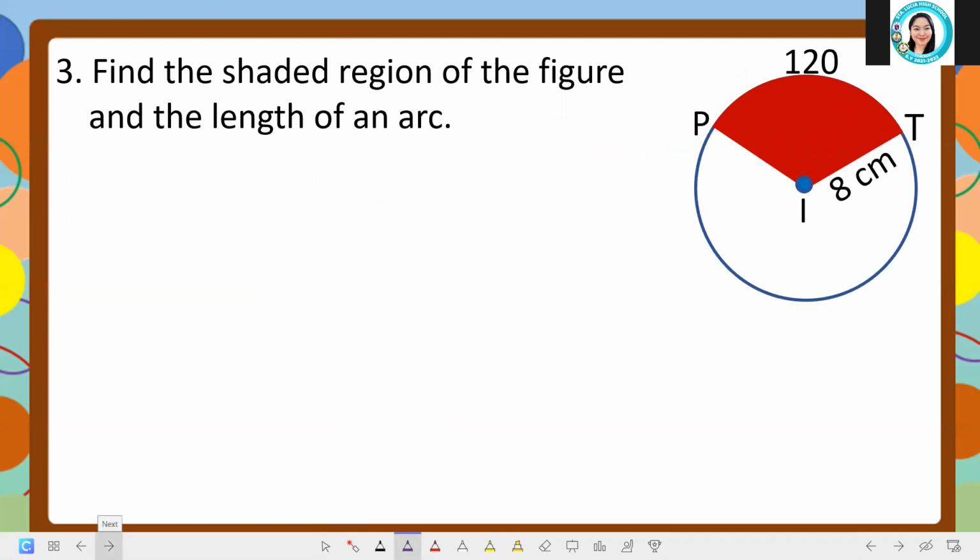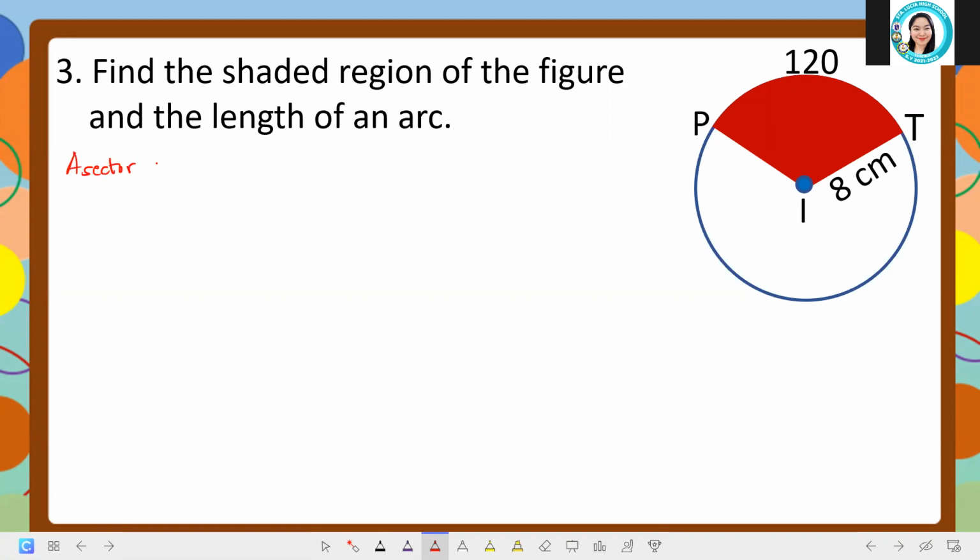We are going to look for the area of the shaded part, meaning the area of a sector, and the length of an arc. So, yung length ng arc, kunin natin. So, pagka-share na natin dito sa isang page, let us write the formula for the area of a sector.